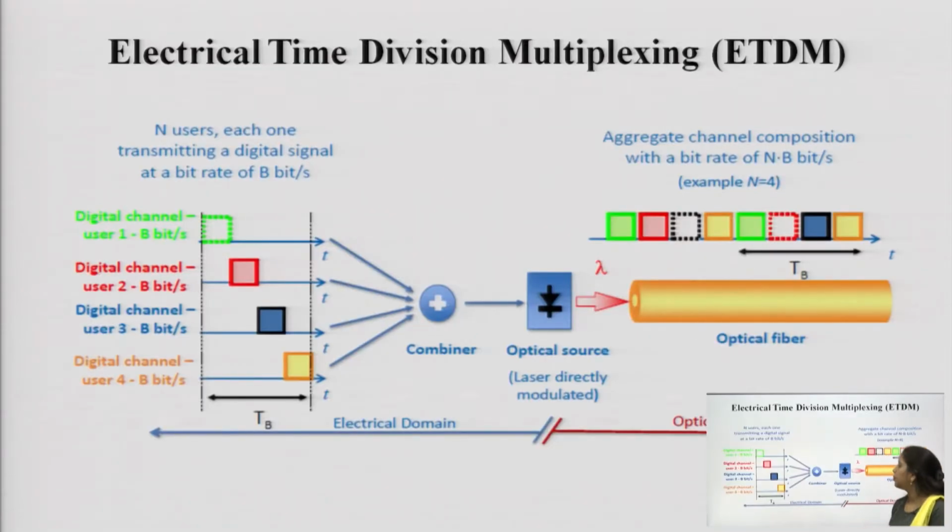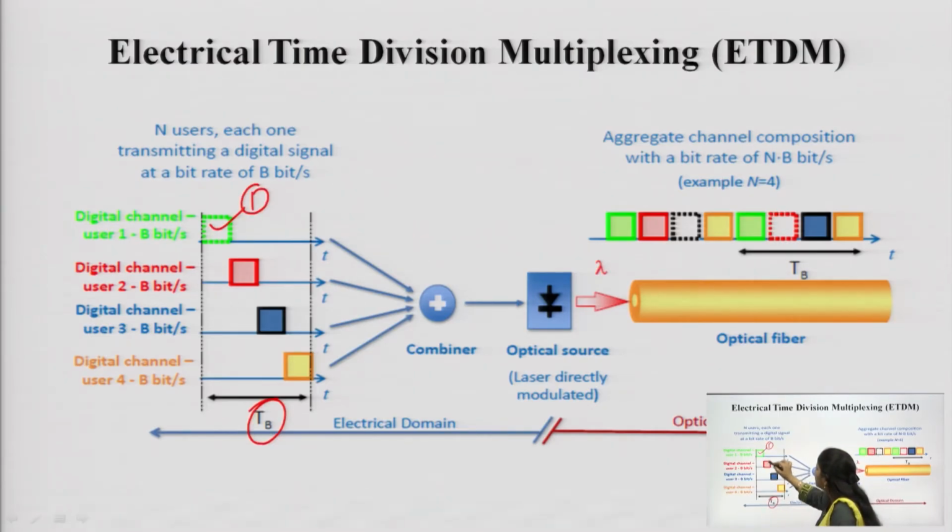The other one is electrical time division multiplexing, and we can see that this is approximately the same as what we have discussed earlier, that is optical time division multiplexing. Here also the pulse period TB and the different signals, first, second, third, originate from the electrical end, and they are combined with the help of a multiplexer.